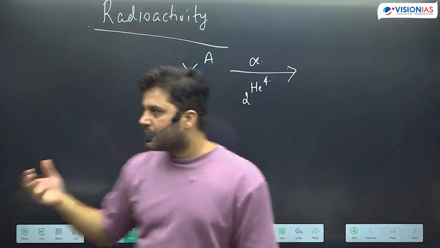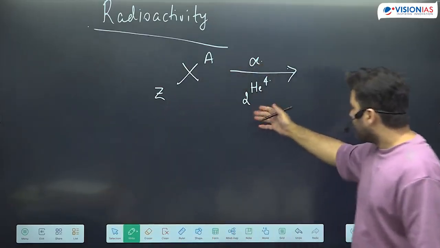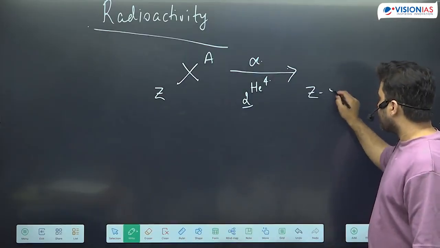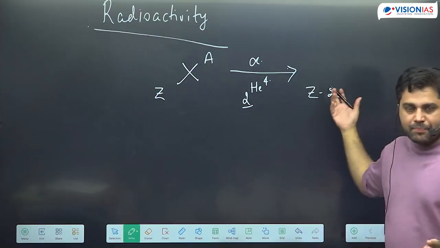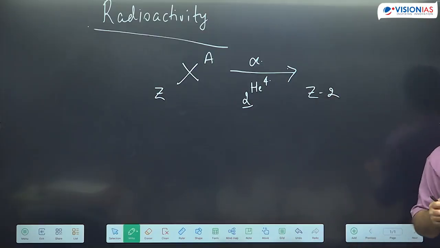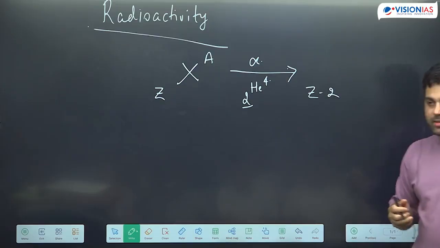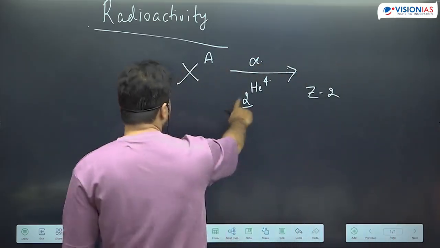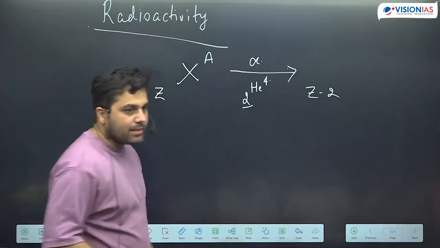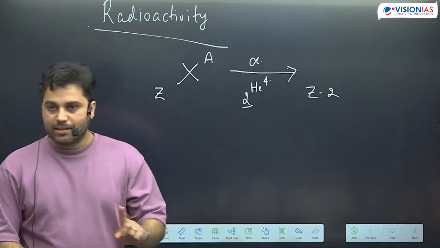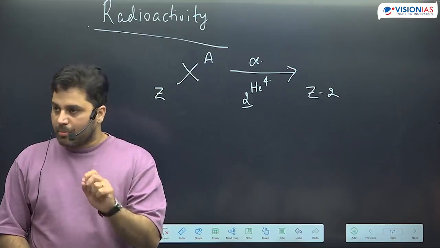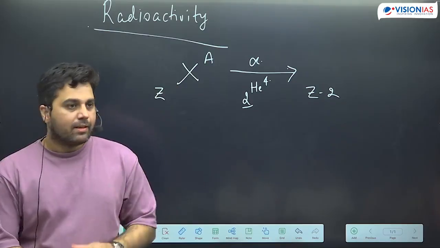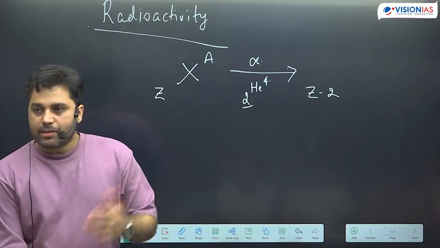So from inside the nucleus, I had Z protons, but 2 of the protons I have removed. So this becomes Z minus 2 now, whatever is left. Think of this like a reaction, but this is a decay reaction. To be more precise, we call such a reaction a decay reaction, where things are decaying. So I started with Z, but 2 protons are removed, it became Z minus 2. But if it is Z minus 2, no longer is it X. For every element there is a specific number of protons, which is called the atomic number.